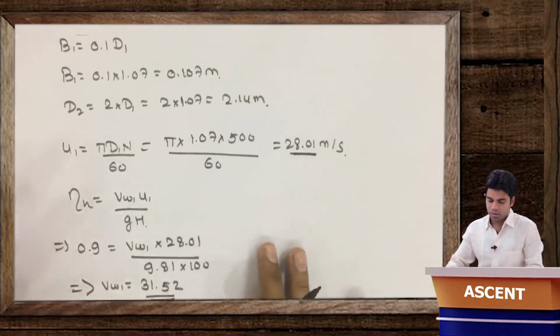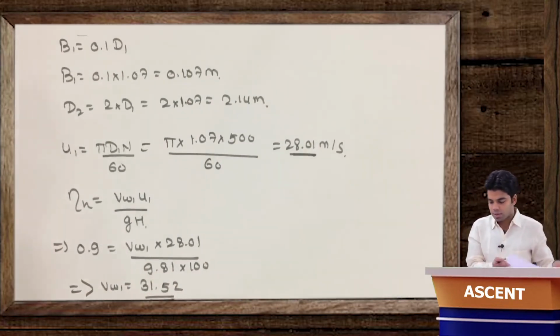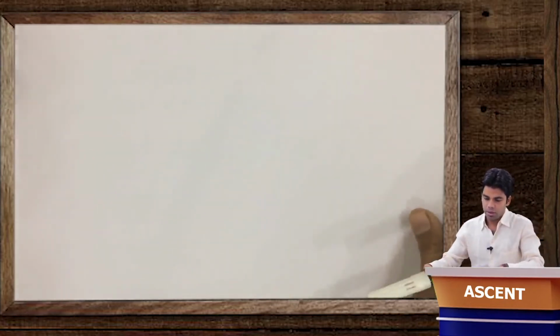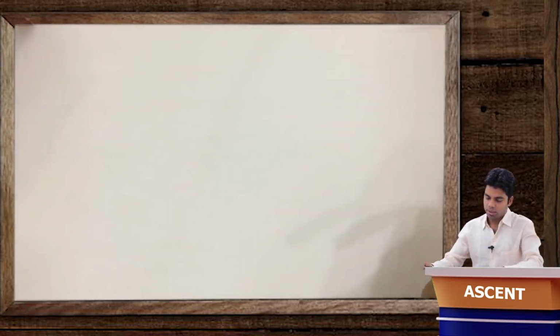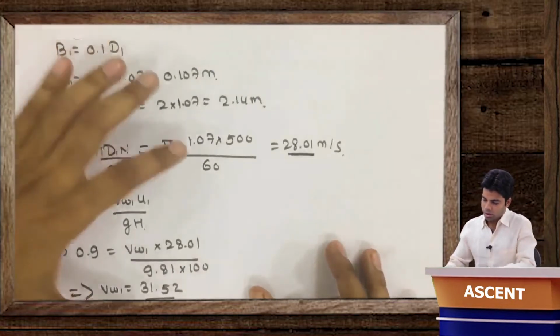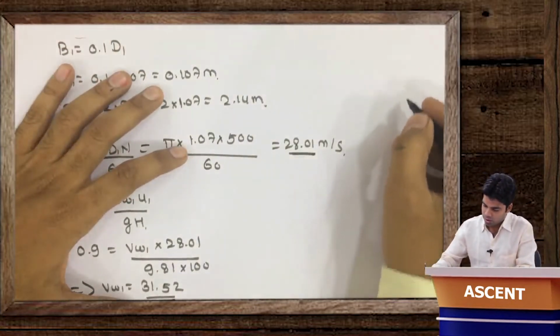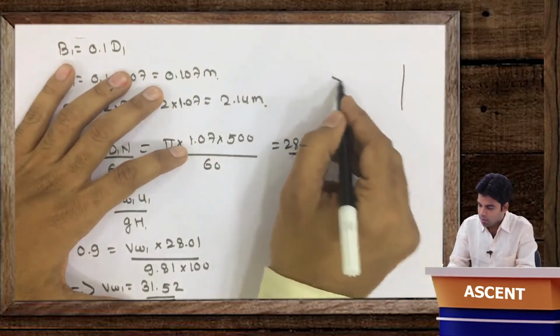Now this U1 was equal to 28.01, VW1 is 31.52. So obviously, since U1 is less than VW1, the inlet velocity triangle would be like this. I will draw the inlet and outlet velocity triangles here only. The inlet velocity triangle would be like this.